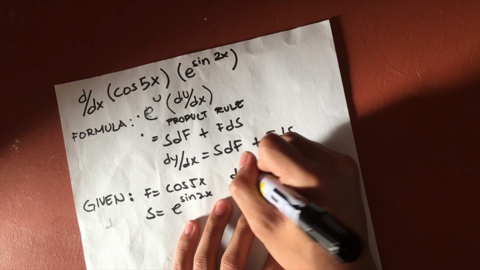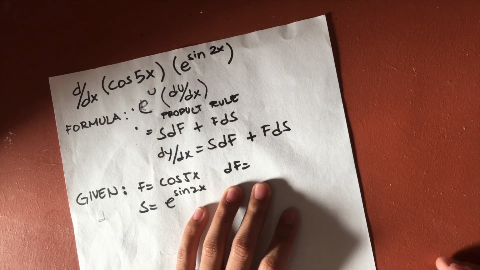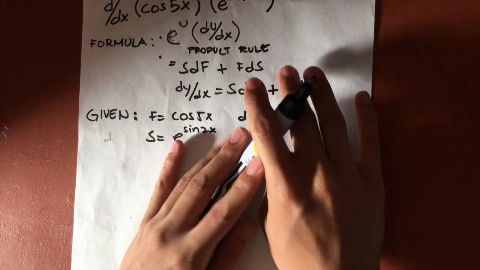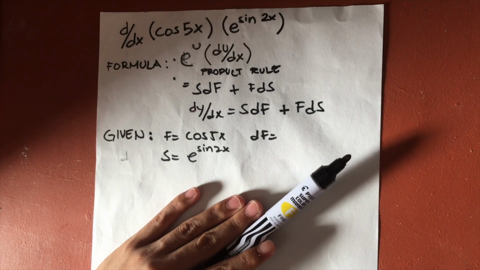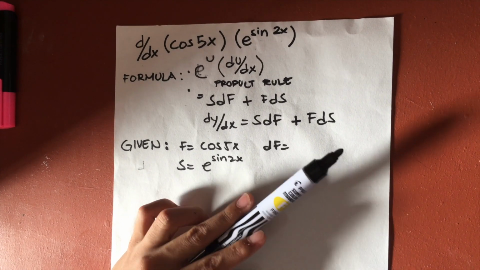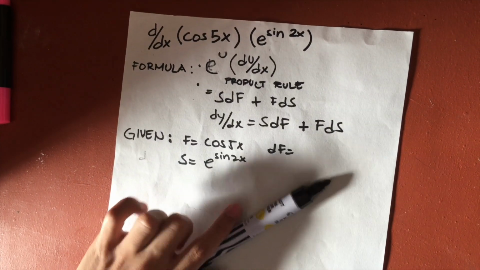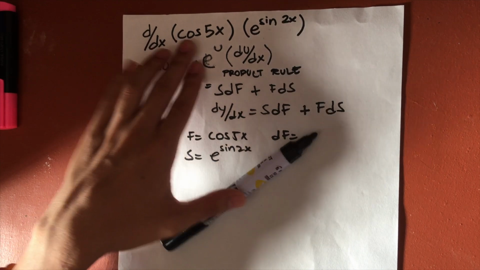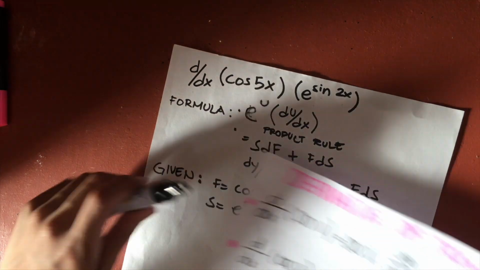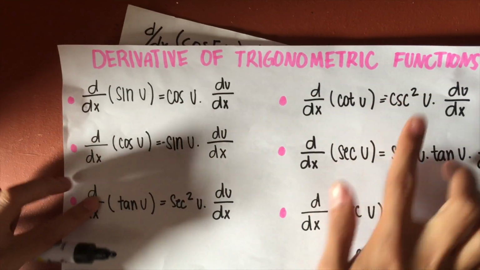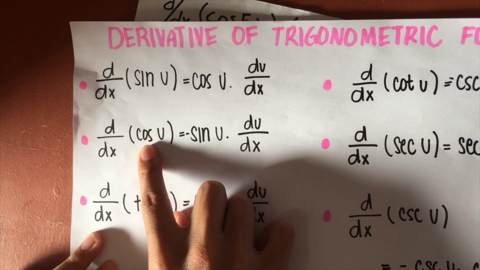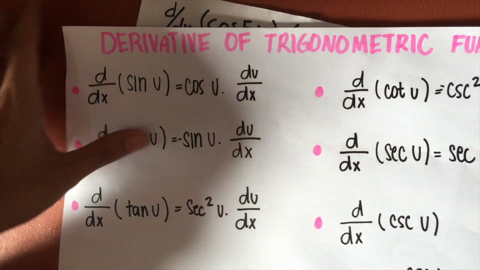Now the derivative of first. As I said earlier, you must familiarize and memorize all identities, the derivatives of trigonometric functions. To understand more, the derivative of cos is negative sine, as you can see here in the formula: negative sine u is the derivative of cos, so we should apply this.